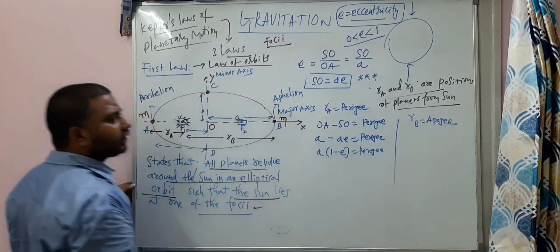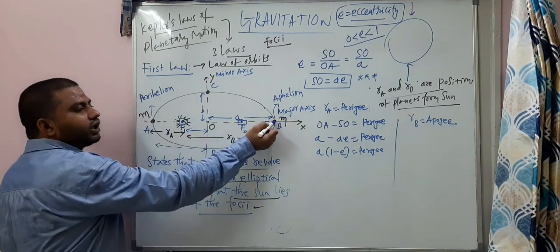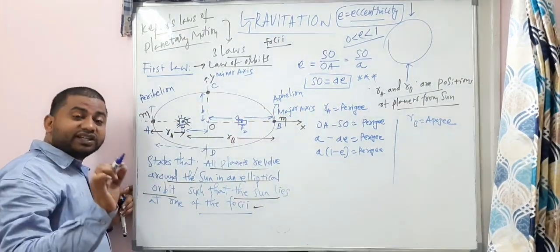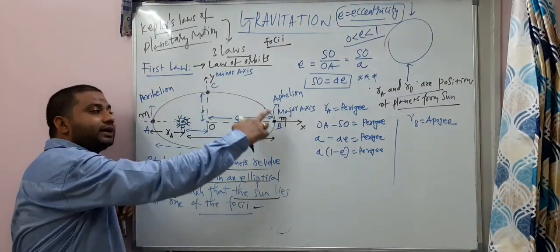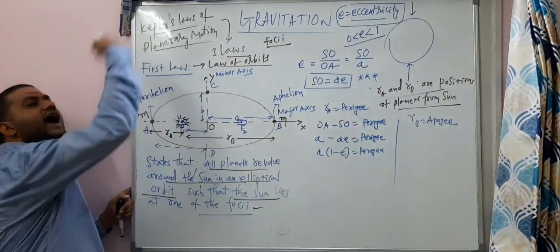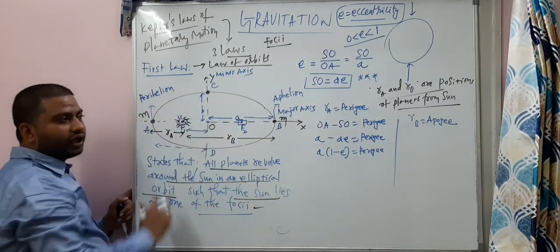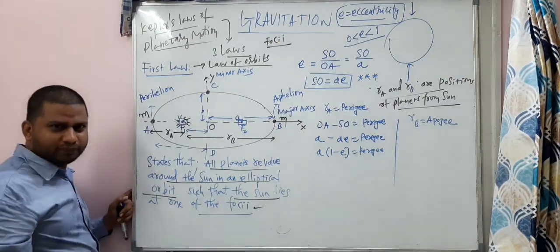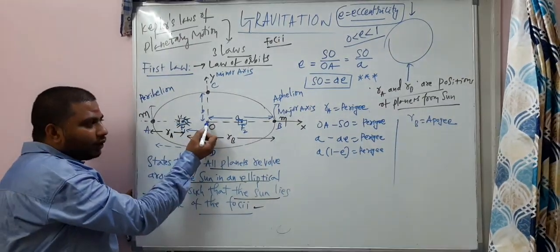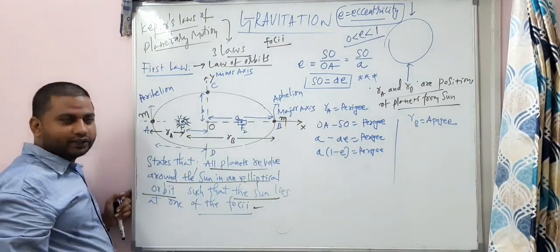apogee. What is RB? From here to here, that's called apogee. The distance between the sun and the planet's position which is far away from the sun, that's called apogee. And finding apogee is so simple. SO plus OB, right?